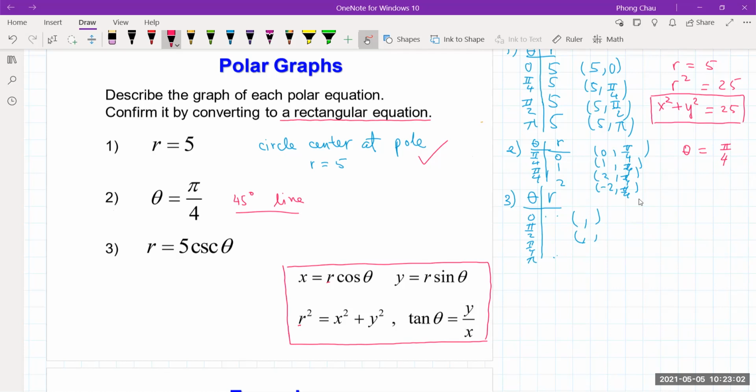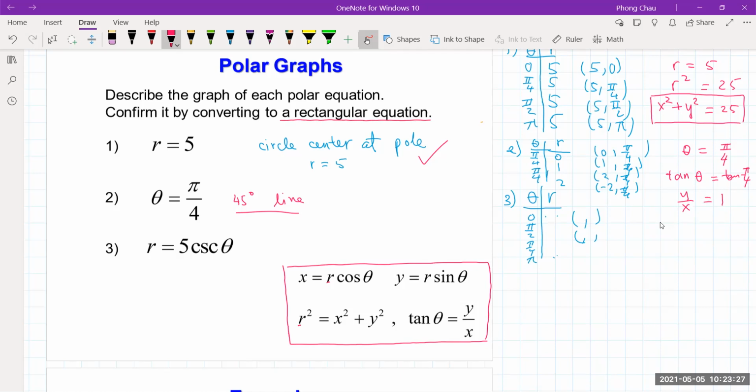Now I only have theta, I don't have tangent, so I'm going to take tangent on both sides. So tangent of theta is equal to tangent of pi over 4. And tangent of theta by this formula is equivalent to y over x. And the tangent of pi over 4 is 1.